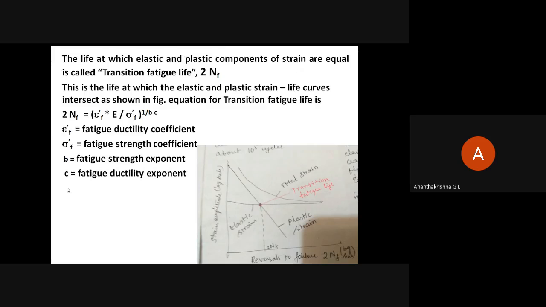Note down this equation. Write down the equation clearly.